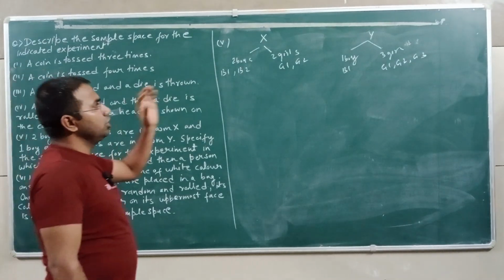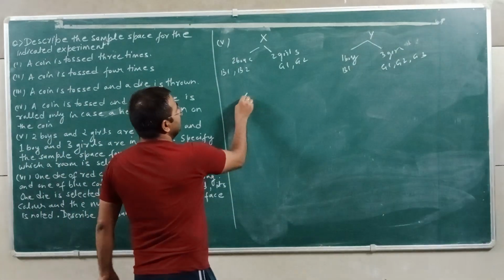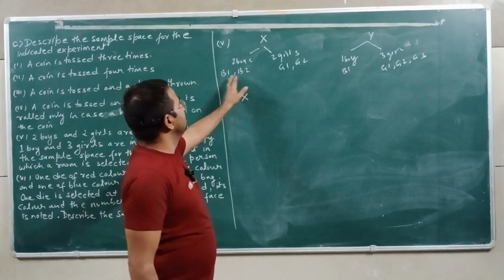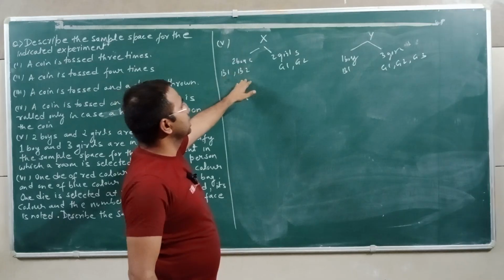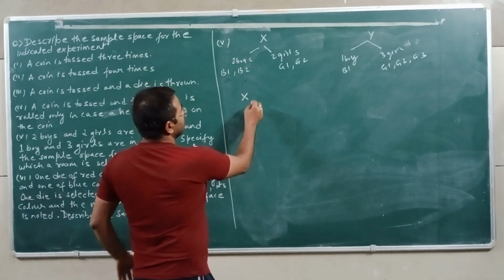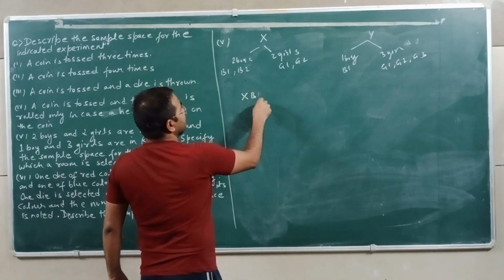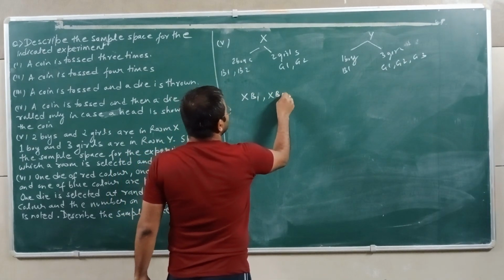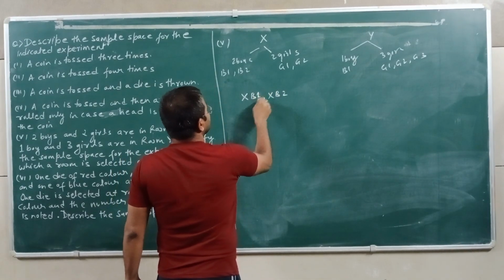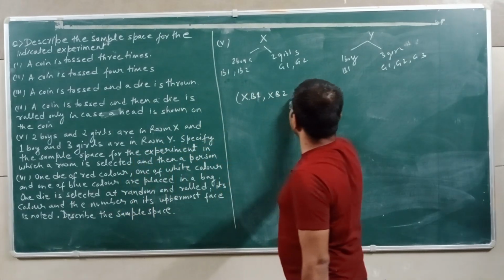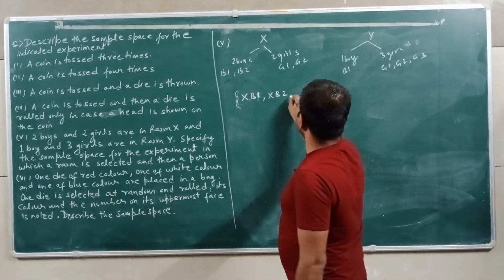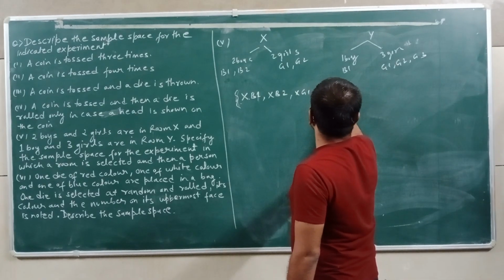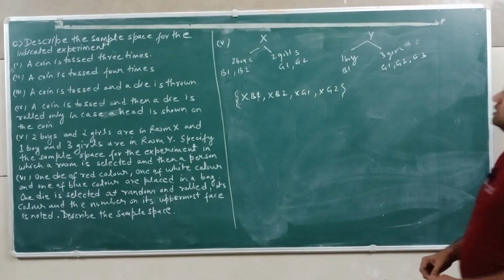Okay. So how will you select? Suppose you select room X, then from room X either B1 or B2 will be there, or G1 or G2. So here XB1, XB2, XG1, XG2. In this way you can select.